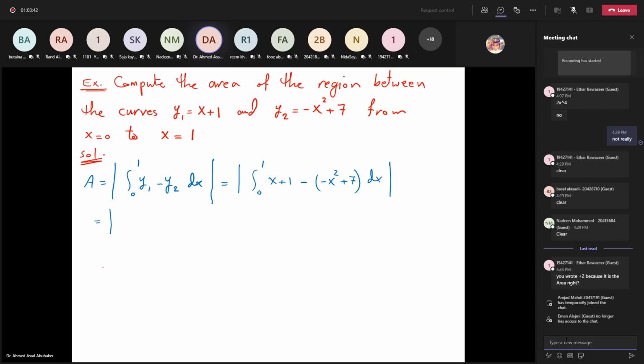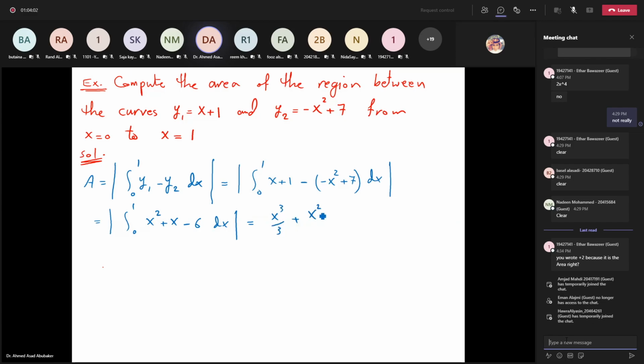After simplifying, we have the integral from 0 to 1 of x squared plus x, and 1 minus 7 is minus 6, dx. The integral equals x to the power 3 over 3 plus x squared over 2 minus 6x. We need to substitute 1 and 0, with absolute value.